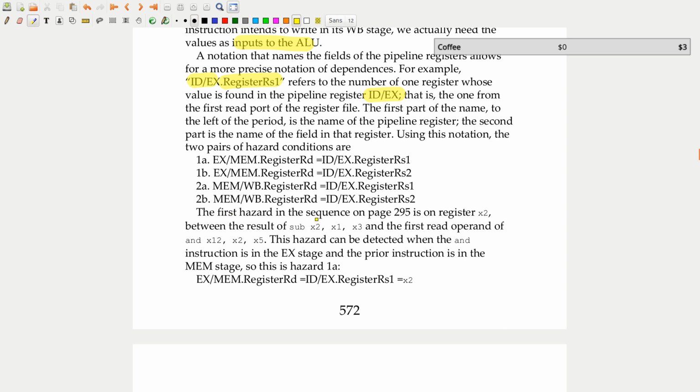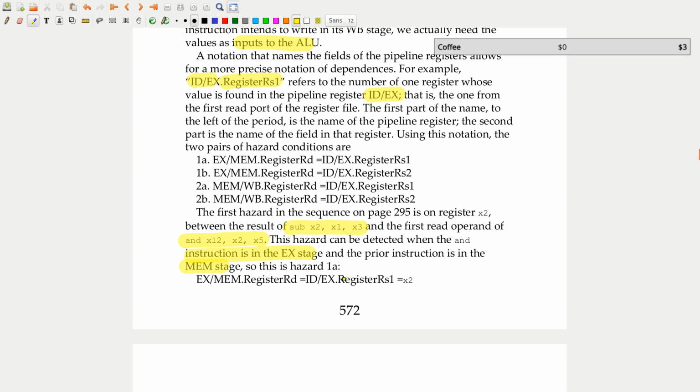The first hazard in the sequence on page 295 is on the register X2 and the result of this subtraction and the first read operand of AND X12, X2, X5. This hazard can be detected when the AND instruction is in the execute stage and the prior instruction is in the mem stage, so that the hazard 1A execute mem register RD is equal to the execute stage X2.